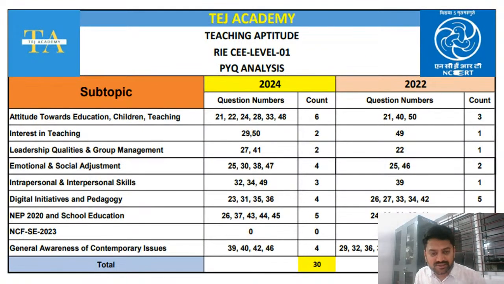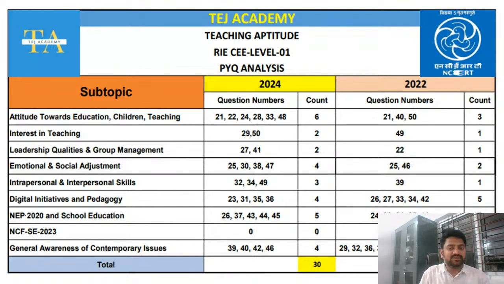When we did the 2022 and 2024 CWE level 1, level 2, and level 3 question papers, we realized that questions are coming from different parts of the syllabus, and we have identified the syllabus into different segments.